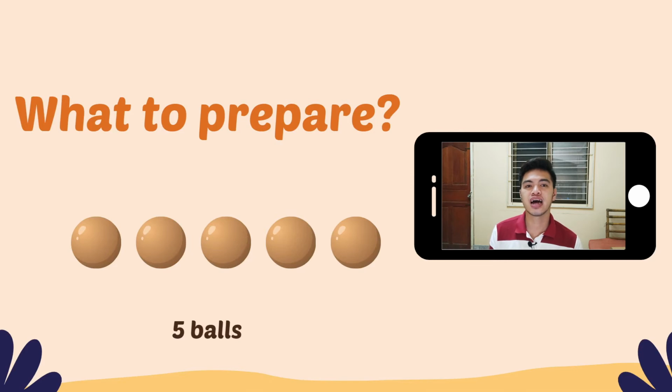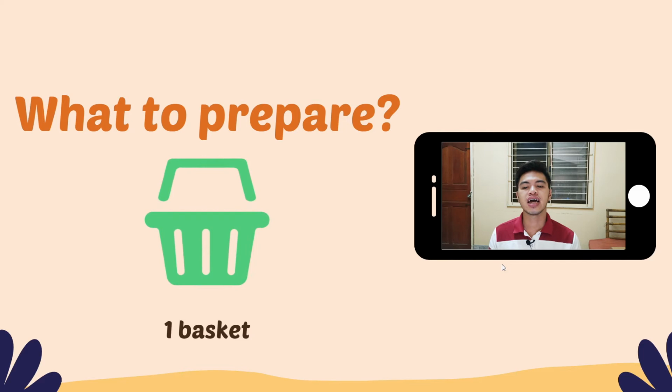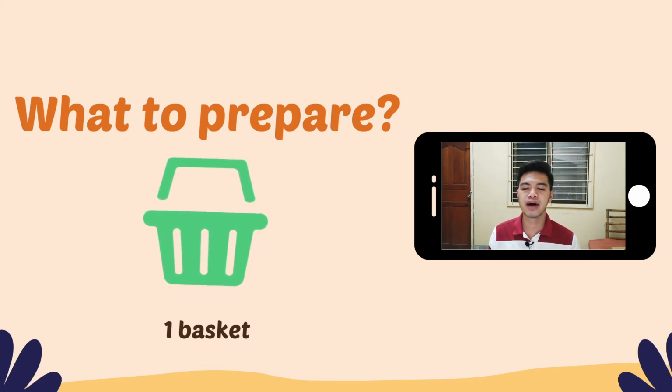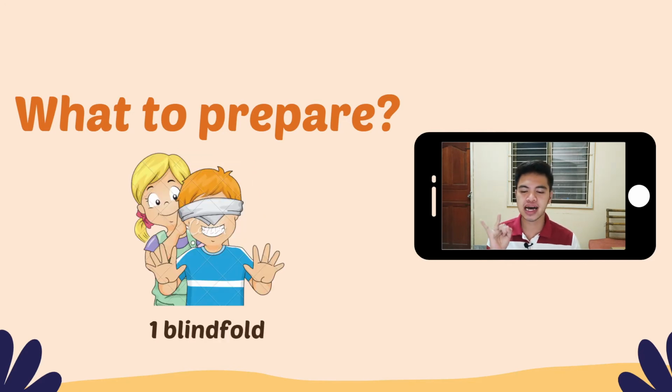The first one is 5 balls. Or actually, you can just use 1 ball and use it again and again. So prepare a ball. Number 2, you have to prepare a basket. Prepare 1 basket.